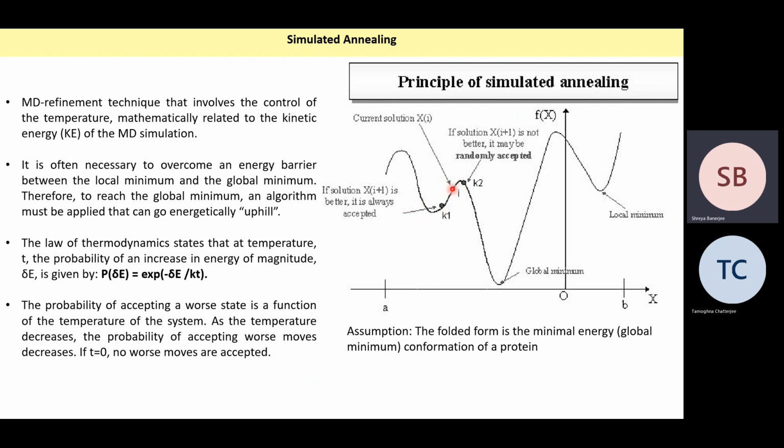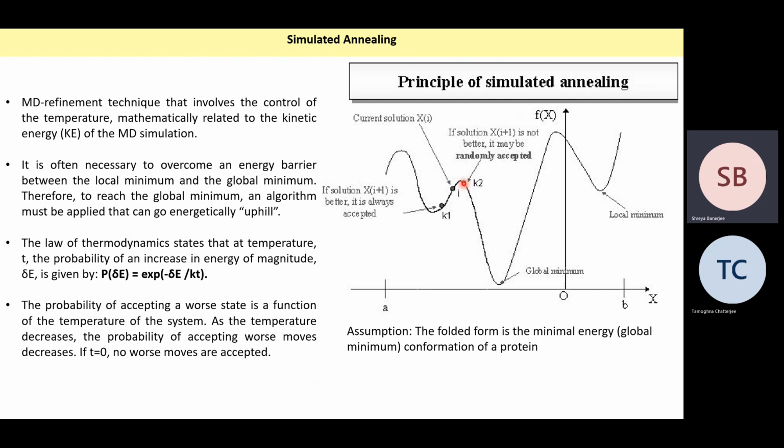Now, however, if you only accept lower energy, then what can happen is that the program gets stuck in a local minimum, but what we actually want to find is the global minimum. So in simulated annealing, the program works in such a way that if the energy is lower, it goes there. But even if the energy is higher, it can randomly go there.